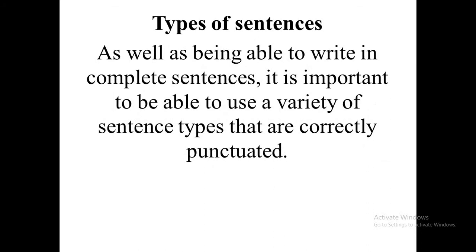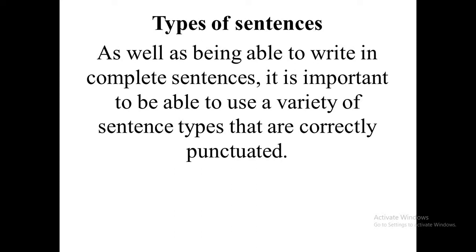Now we have to look at types of sentences. As well as being able to write in complete sentences, it is important to be able to use a variety of sentence types that are correctly punctuated. Dear students, sentences are made up of clauses, groups of words that express a single idea.